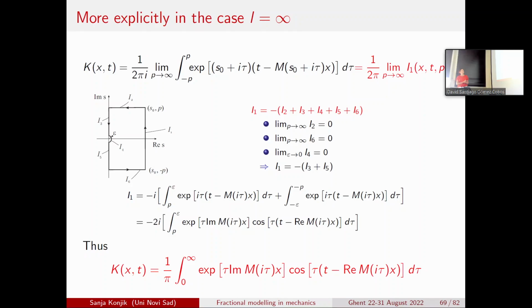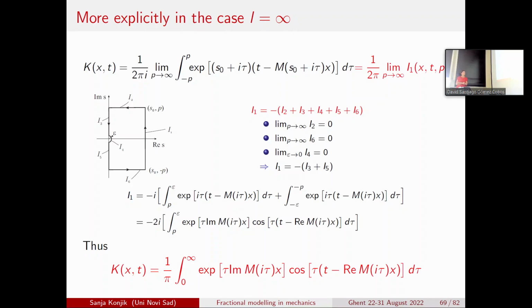In that case, we can have a more explicit form of our kernel K, given by this formula here, and again it is obtained by integration. Now the contour which we used is given here.